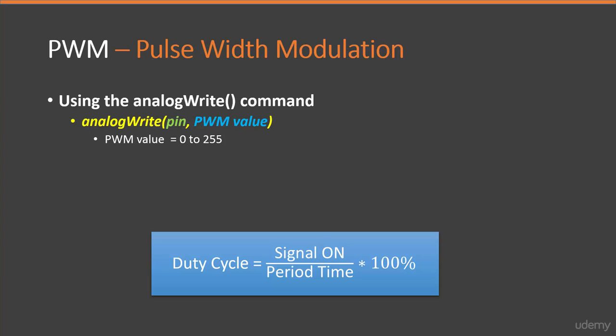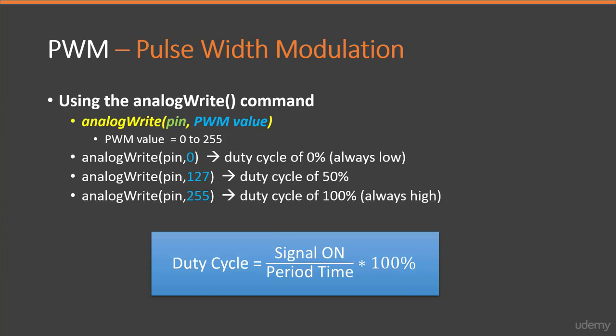The first parameter is the pin number, which can only be one of the pins which support PWM, and the second parameter is the duty cycle expressed as an 8-bit integer number ranging between the value of 0 and 255.